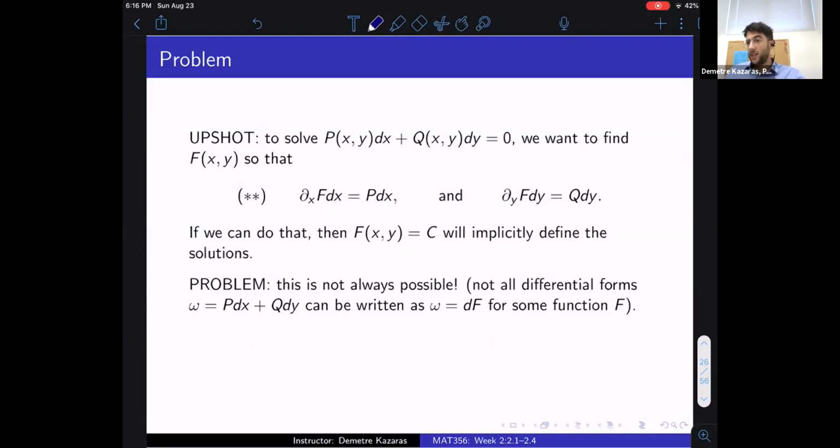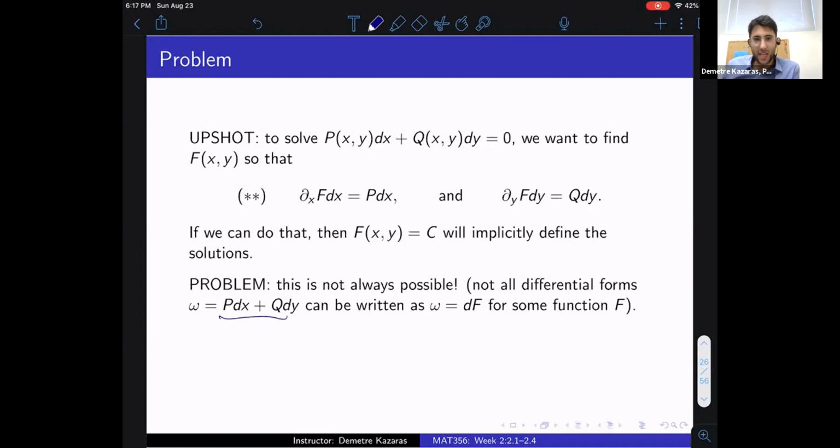One roadblock, never mind how to do it, is that it's not even always possible. Not every differential form, like P dx plus Q dy, is the differential of a function of two variables. There's an obstruction. I shouldn't even have tried to give you a way of doing it, because you can't always do it.